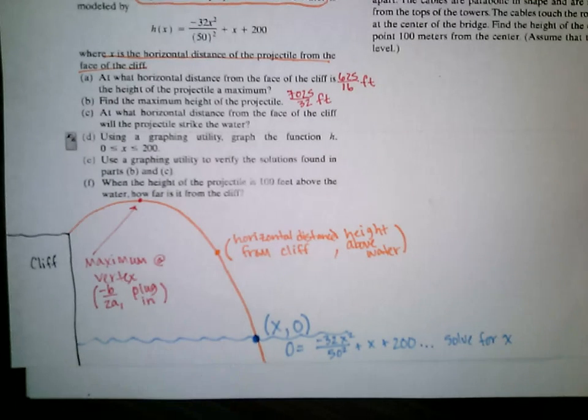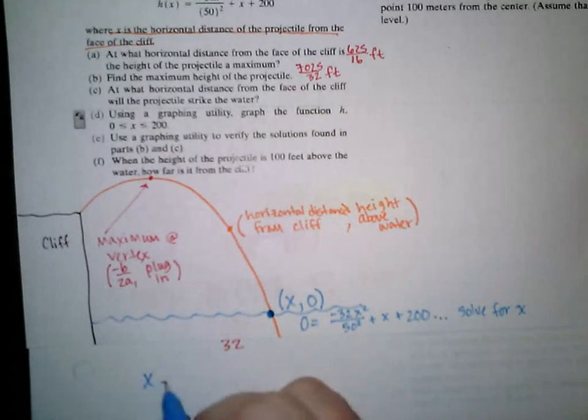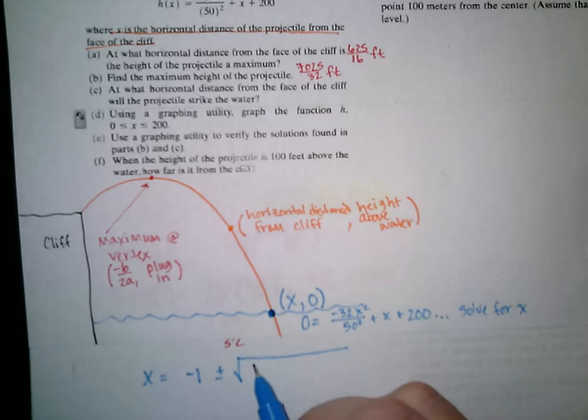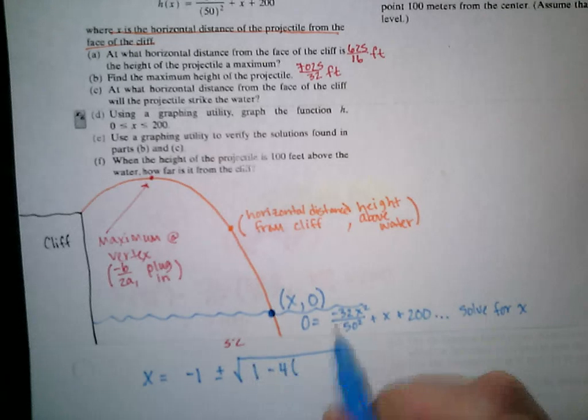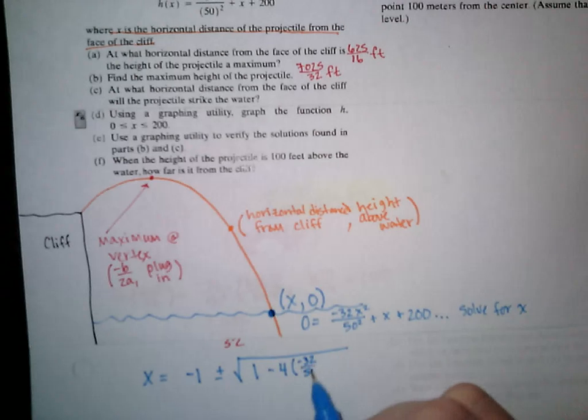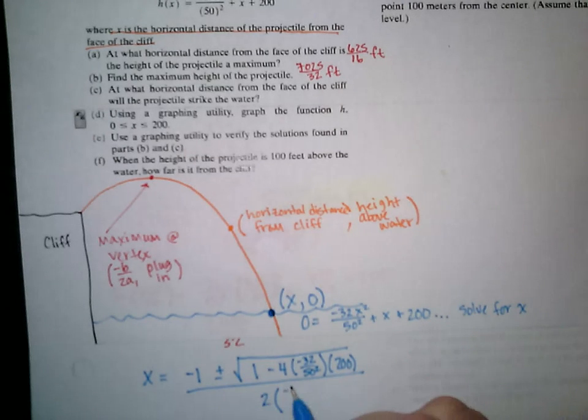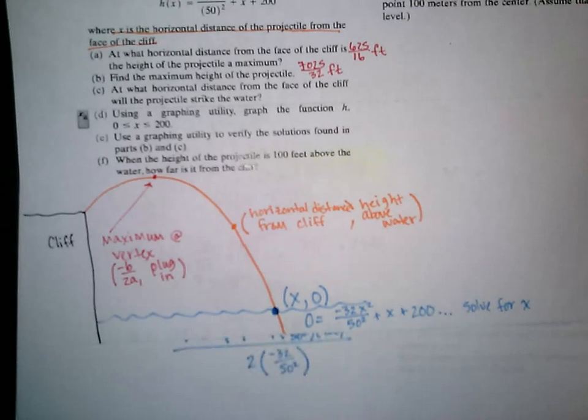I'm going to guess that doesn't factor. So we're probably going to be using the quadratic formula. So x equals the opposite of b, so -1 plus or minus the square root of b squared, so 1, minus 4 times a, which is -32 over 50 squared, times c, which is 200, and then all over 2 times a, which is -32 over 50 squared.